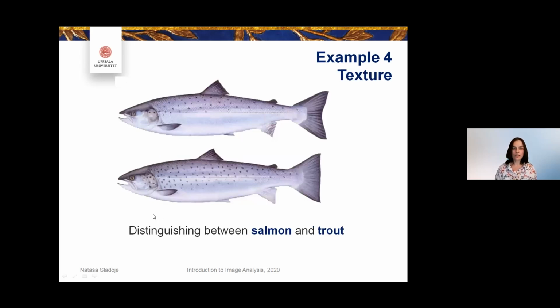If we, on the other hand, want to distinguish between salmon and the trout, then we should actually focus on textural feature, on intensity variation, rather than shape, because these 2 have really almost identical shape. However, textural intensity variation is what we can take as a discriminative feature to then distinguish between these two species.